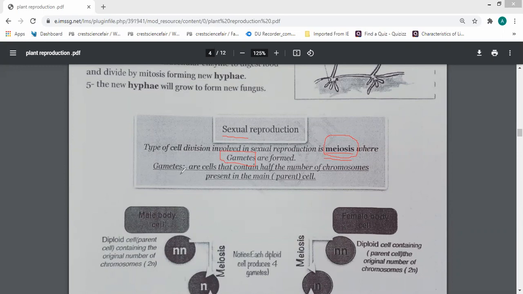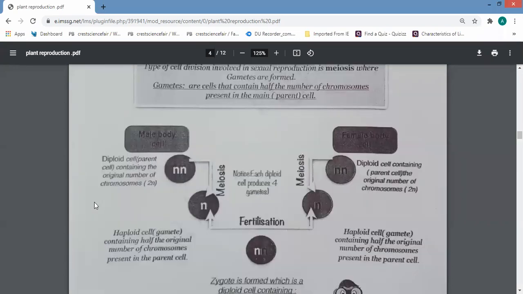So what is the meaning of gametes? They are cells that contain half the number of chromosomes as the parent cells contain. For example, in human beings, the gametes will contain 23 without pairs. But body cells have 23 pairs.